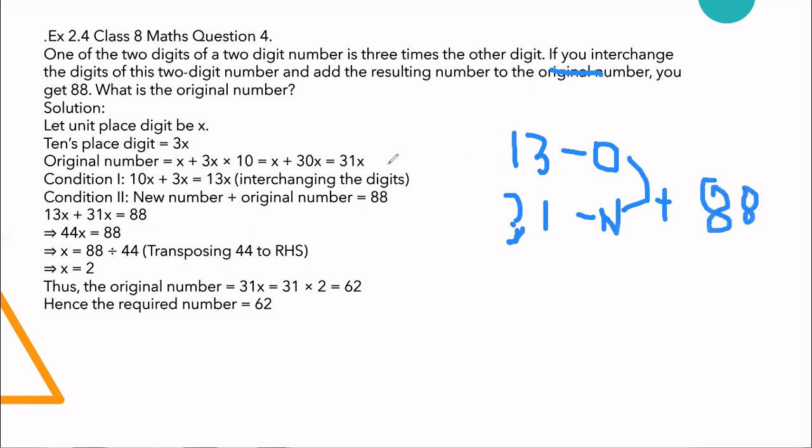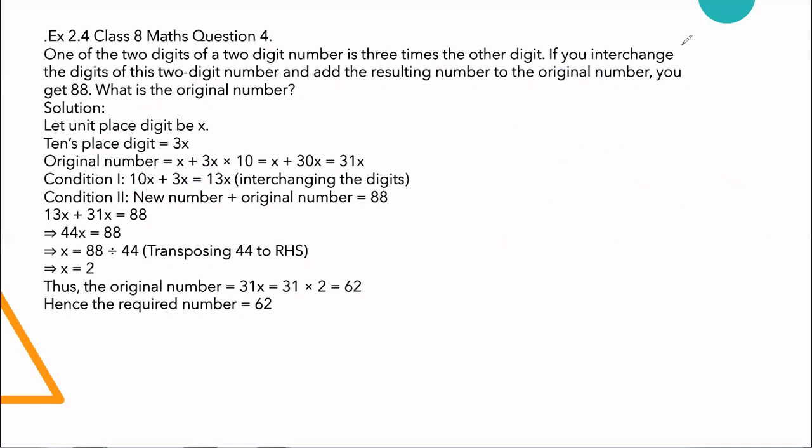This is what we need to do. So, let us interchange this like the previous question. So, our original number was x plus 3x multiplied by 10. Here, the 3x is multiplied with 10. But when we interchange them, 10 will be multiplied with x and 3x will be written as it is. All this we have done in the previous question, guys. 10x plus 3x will be equal to 13x.